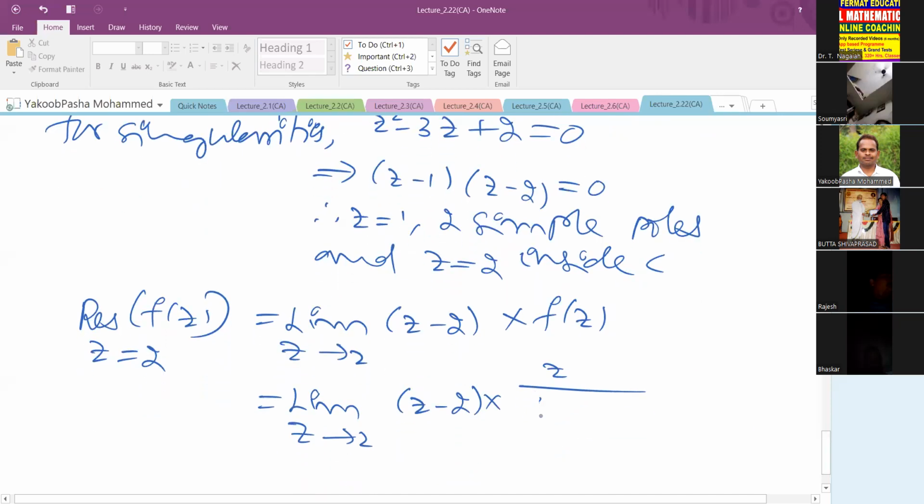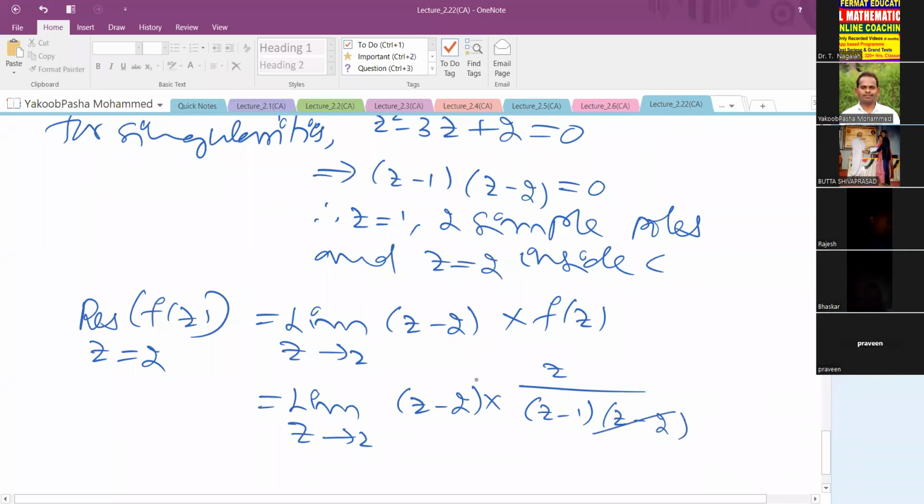So here z minus 2 will be cancelled, and applying z is equal to 2 here, 2 divided by 2 minus 1, that is equal to 2.